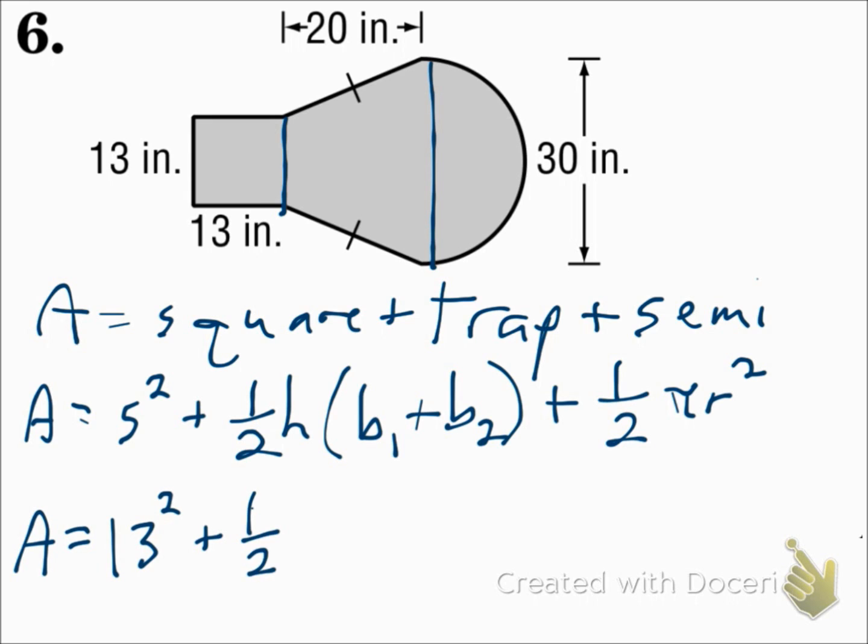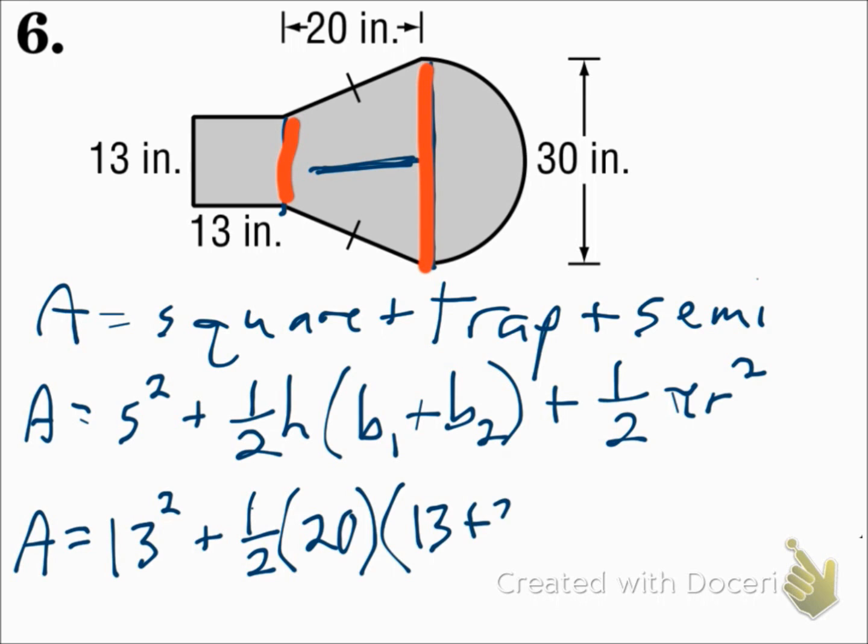For the trapezoid, the height of the trapezoid is right there, that's 20. The bases of the trapezoid, that one's 13, and that one's 30. And the radius of the semicircle, it has a diameter of 30, so the radius will be 15.